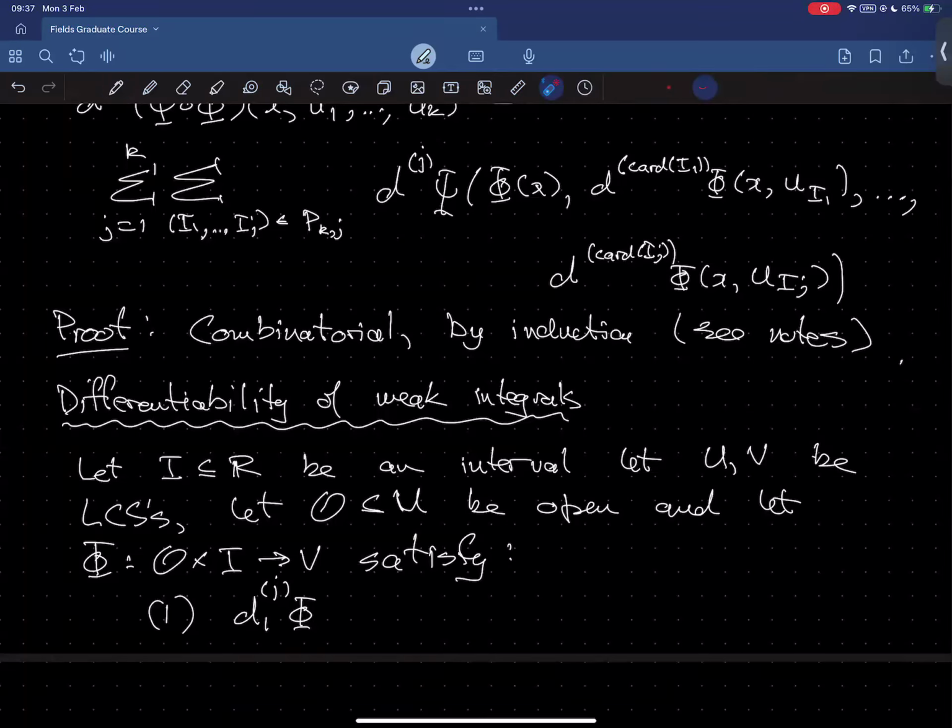This is the jth derivative of phi in the first direction, so that's with respect to O. So this will be a mapping from O cross I cross j copies of U, because the jth derivative takes j copies of the thing I'm differentiating with respect to into V. This mapping needs to be well-defined and continuous, so the derivatives have to exist and be continuous.